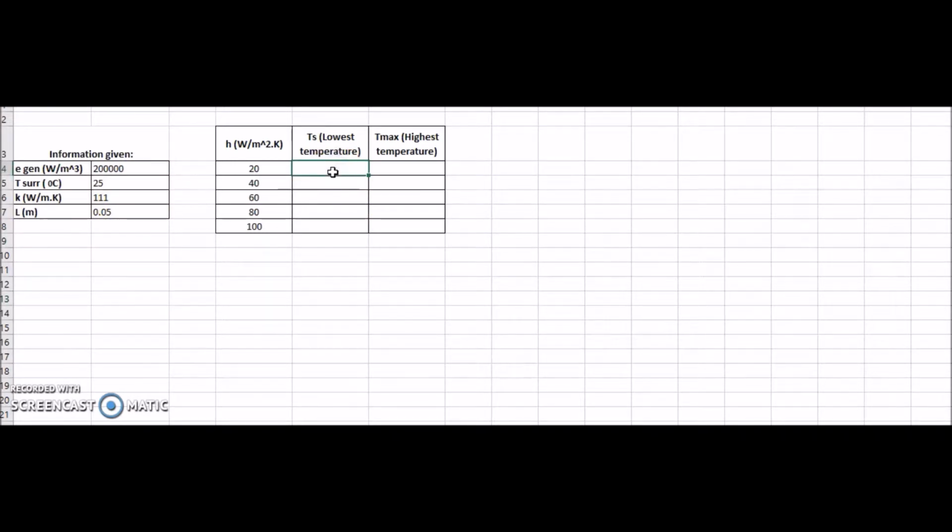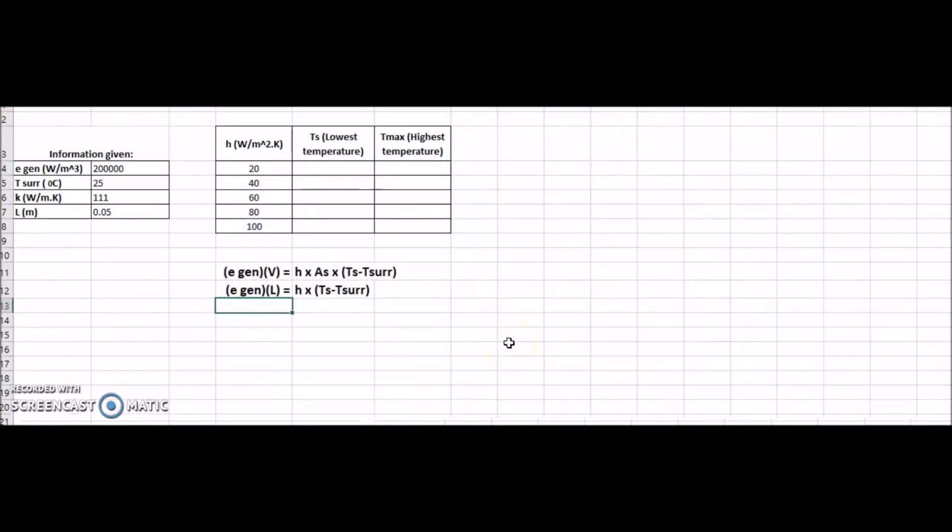The formula we use is the one that we have already used to calculate the manual way, which is through the first equation: E generation times volume is equal to the heat transfer using the convection formula.